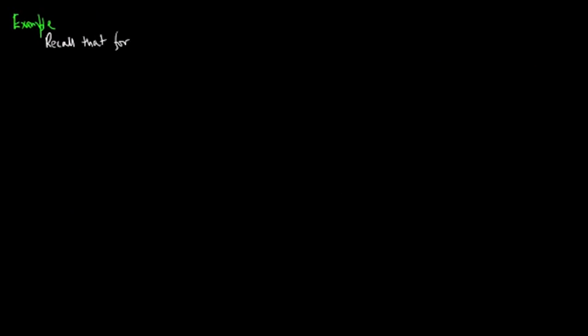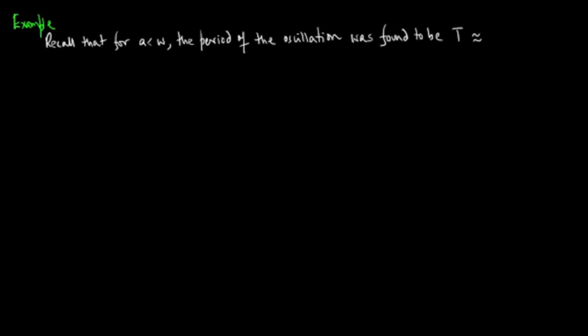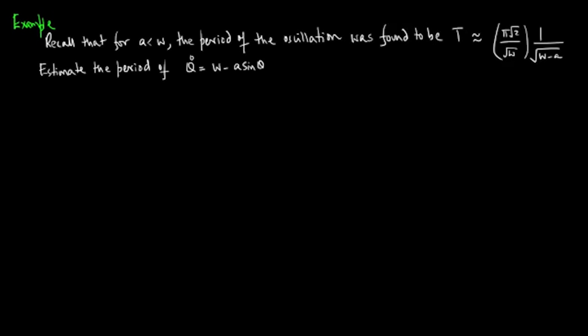Now let's consider an example. Recall that for a less than omega, the period of the oscillation was found to be capital T equal to pi times the square root of 2 divided by the square root of omega times 1 upon the square root of omega minus a. We now estimate the period of theta dot equal to omega minus a sine theta in the limit that a tends to omega from below, using the method of normal forms.